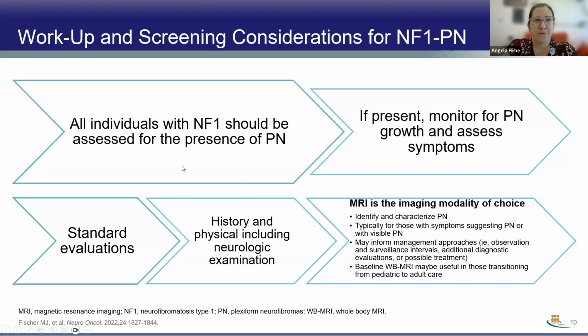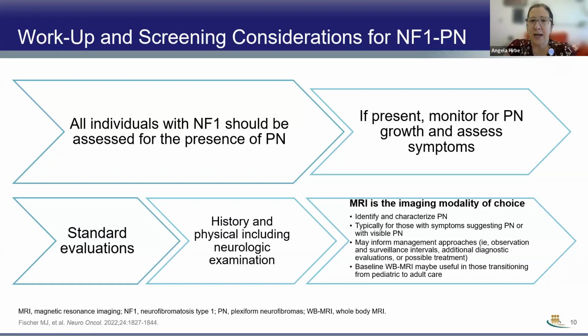So in terms of working up and screening these patients, any individual with NF1 should be assessed for the presence of a plexiform neurofibroma. And if one is identified, then it's very important to monitor that plexiform neurofibroma over time for growth and also whether or not the patient develops symptoms. And this is done through pretty standard evaluation, so history, physical exam, including a good neurologic exam.